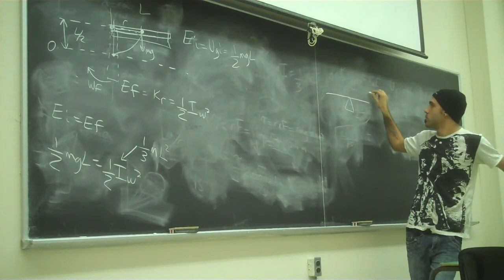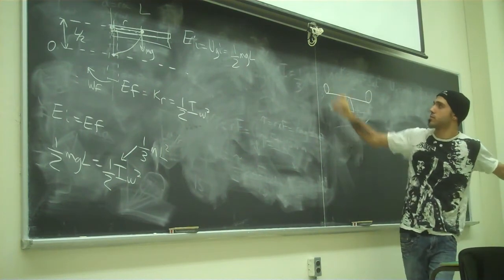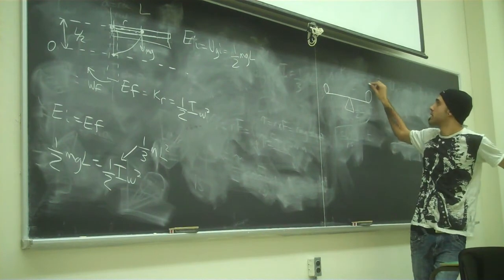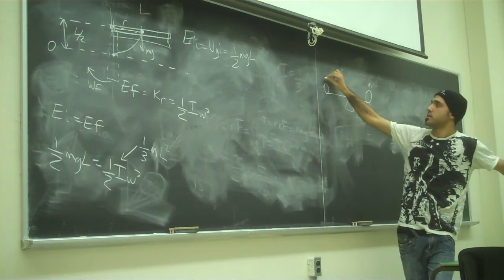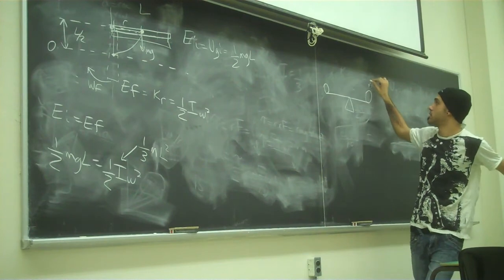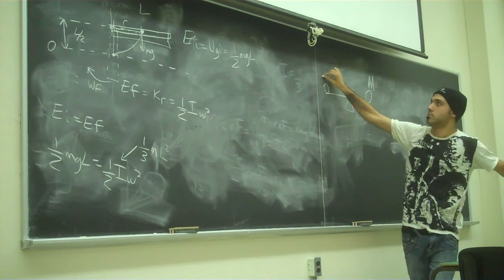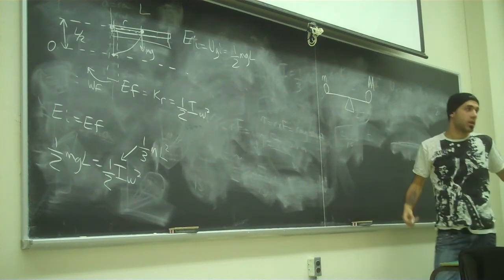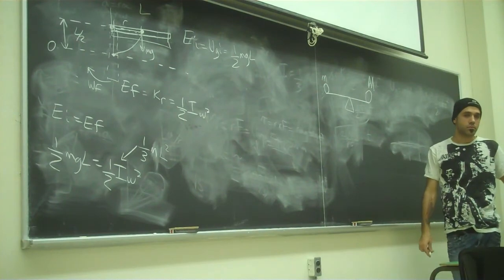And you have one person sitting here and a smaller person sitting over here. This guy has mass big M, this is small m.